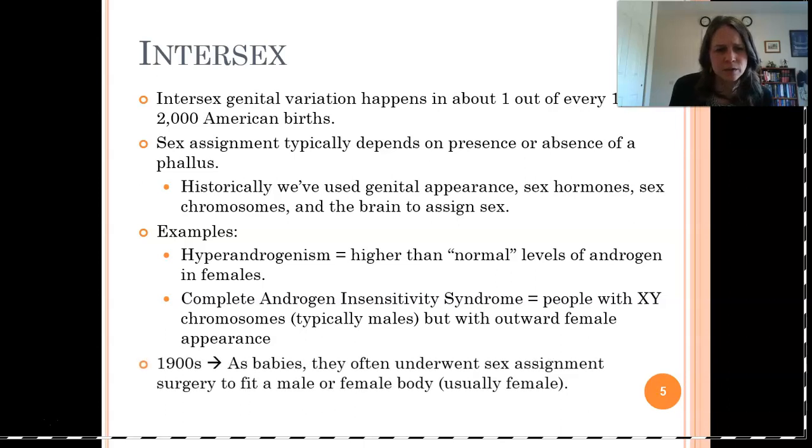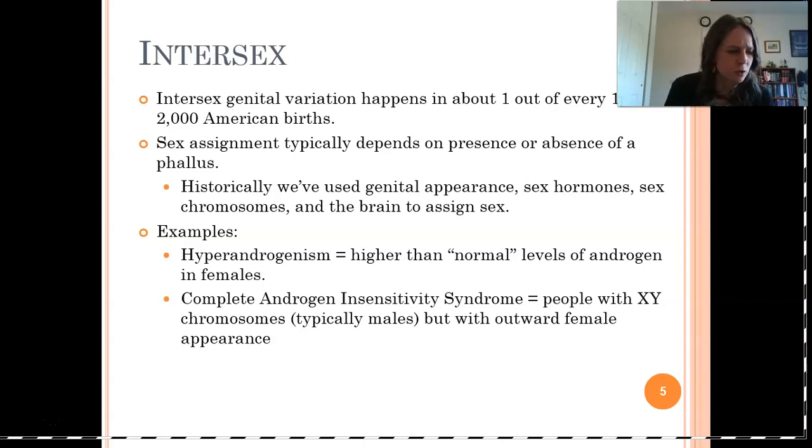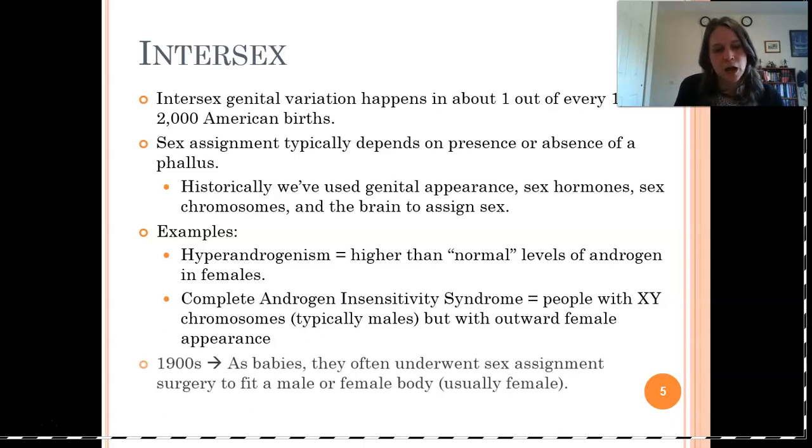There are other examples too. Androgen insensitivity syndrome, where folks can't metabolize androgens, and having ambiguous genitalia at birth, or such as having internal or external testes, but also a vagina. So lots of different variations.